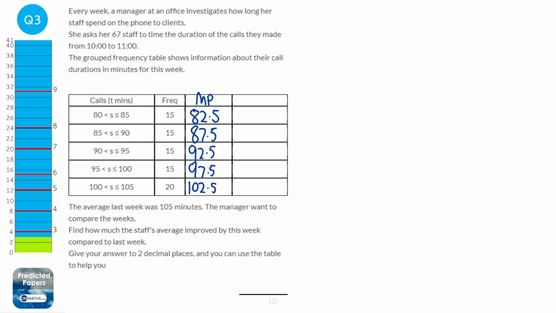Next we need to find the FT, which is just the frequency times the duration of calls. Now in this first group we're not timesing it by 80 to 85 or anything like that, we're timesing it by the midpoint.